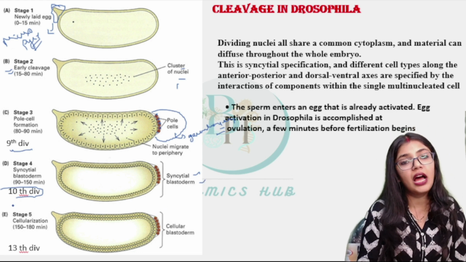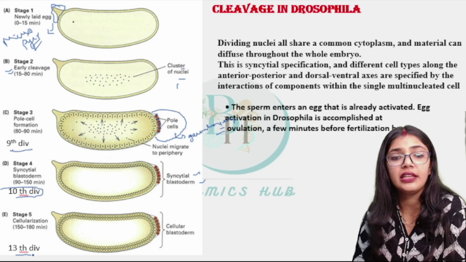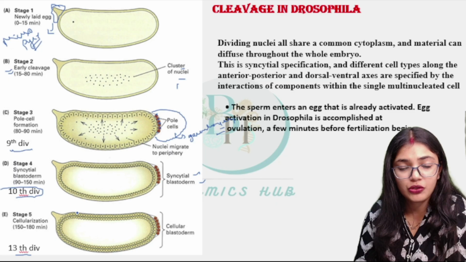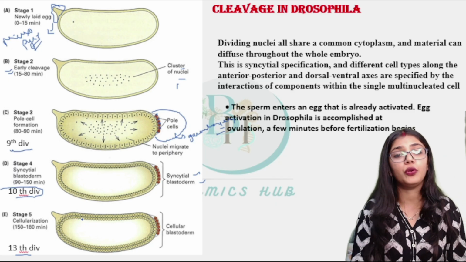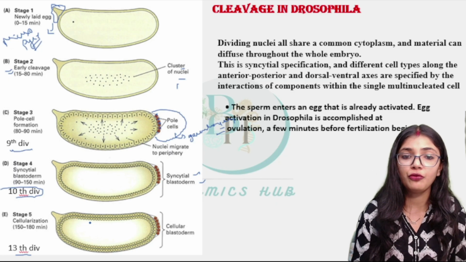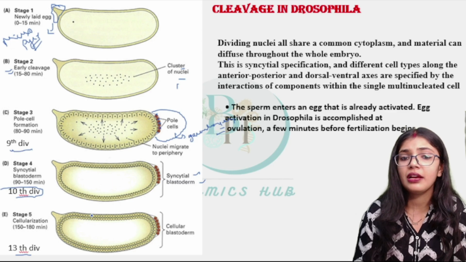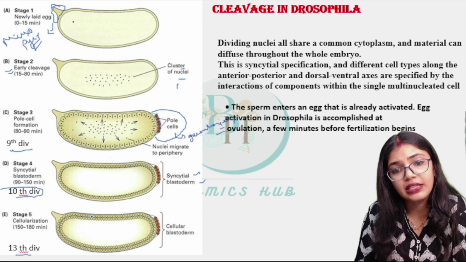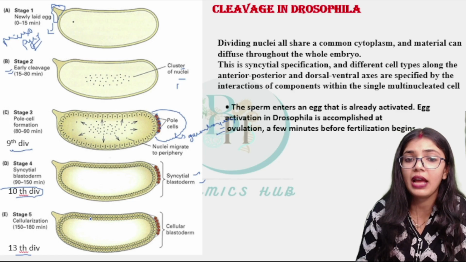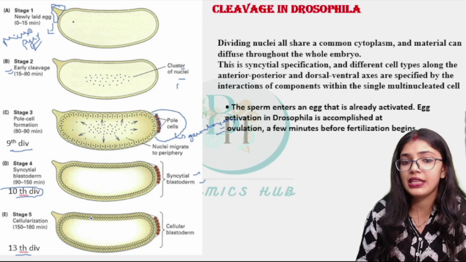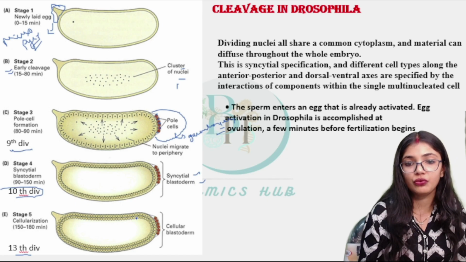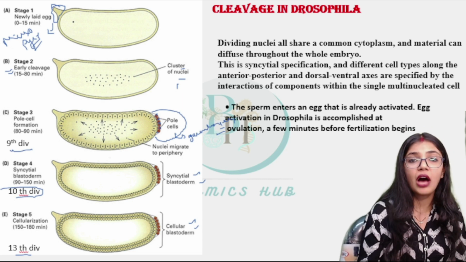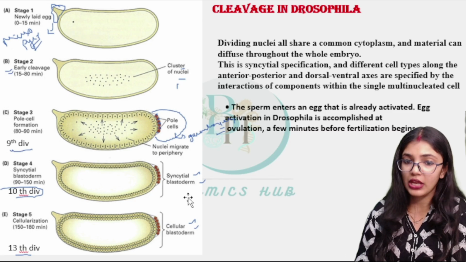After certain times, near the 13th division, each nucleus that has migrated towards the periphery is now forming a cell, as cytoplasmic division takes place. A jacket-like formation covers each nucleus, which is known as the cellular blastoderm. This is how the cleavage of Drosophila takes place.